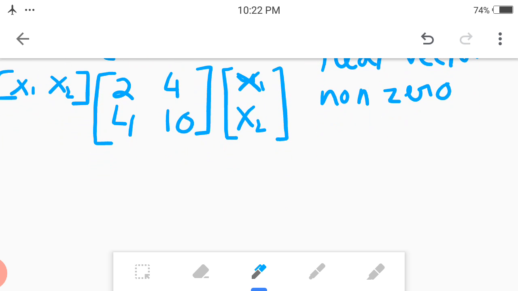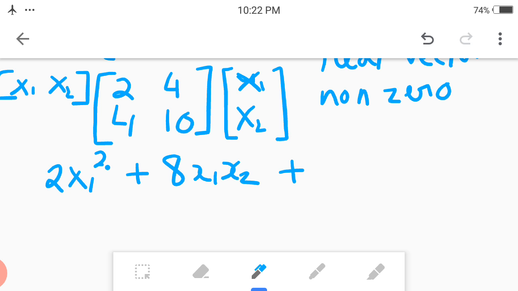When you solve for this, what equation do you get? You multiply all three, you get 2x1 square plus 8x1 x2 plus 10 x2 square.